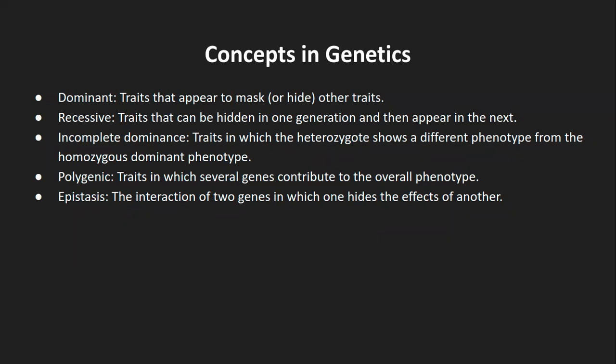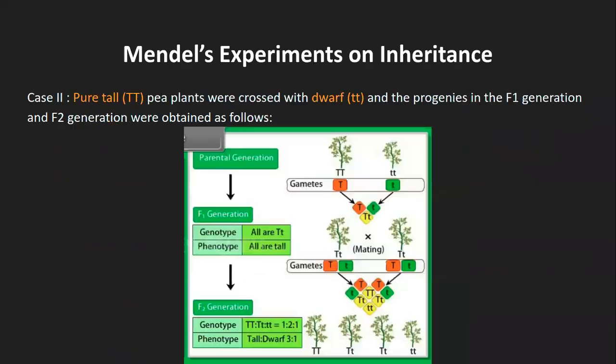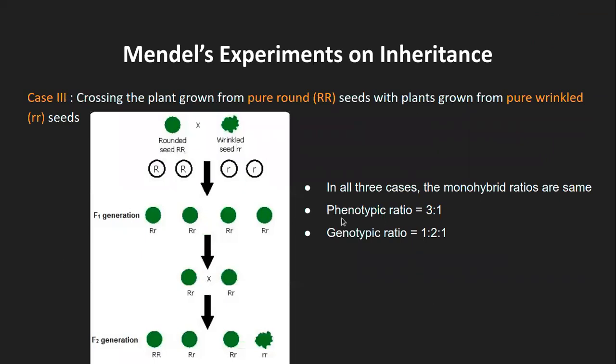Whichever characteristic you take, it should not change irrespective of species. It will always remain the same: phenotypic ratio 3:1, genotypic ratio 1:2:1. And the condition is that one parent from the parent generation is homozygous dominant and the other parent is homozygous recessive.